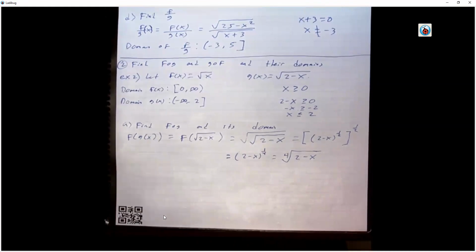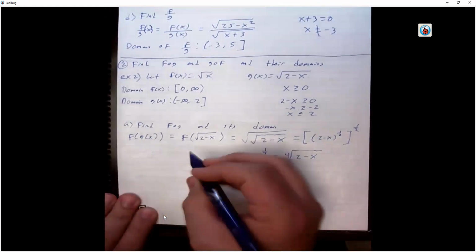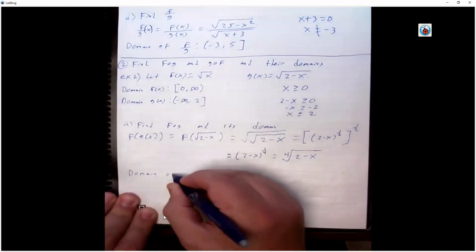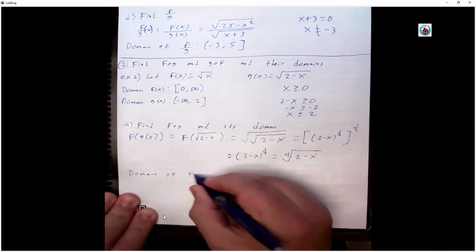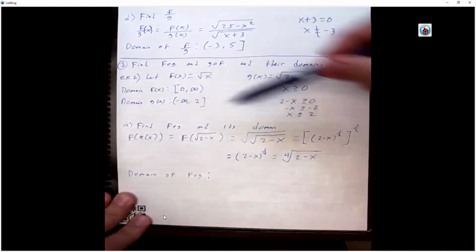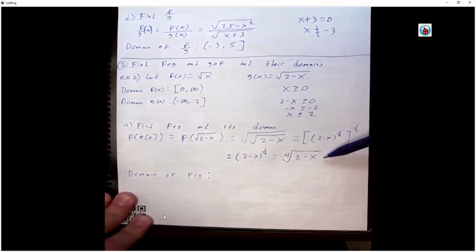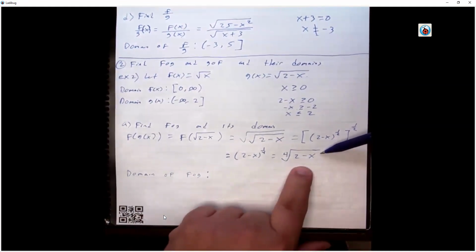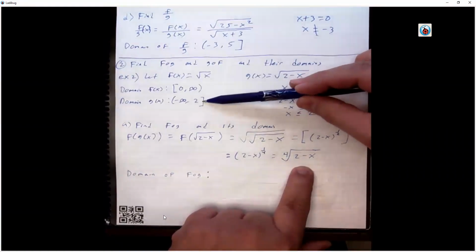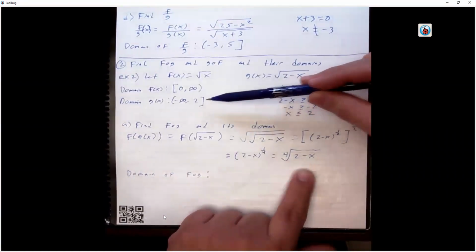So then the domain of the composite, what would it be? We take into account the one that went in, and the new restrictions of the result. But since they're the same, the domain won't change. So we'll just use the one of g.